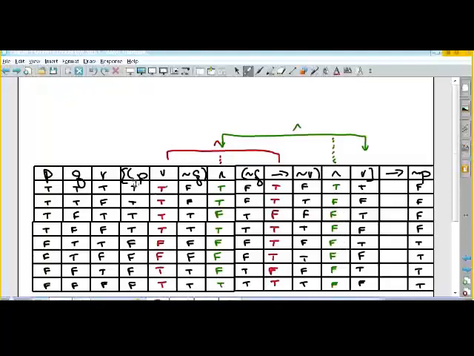Now this column, because I did that last, it's the result of the entire left-hand side. So we're going to compare this column now with the column on the right-hand side of the if-then statement. That's the last thing we do. And the results will go in here, and we'll use the rules for the if-then statement. So now I'm going to put my finger on this column, and I'm going to put my finger on that column.